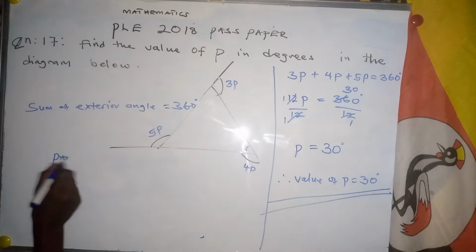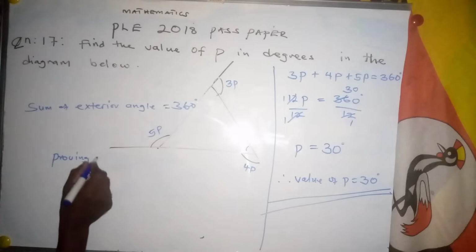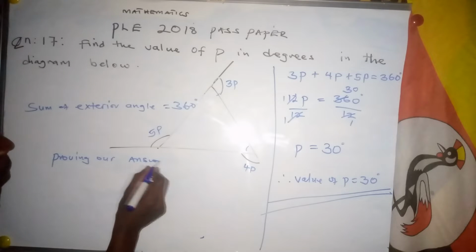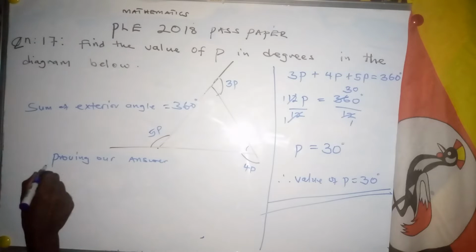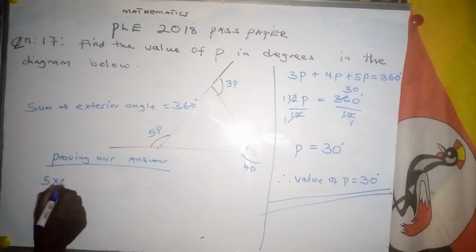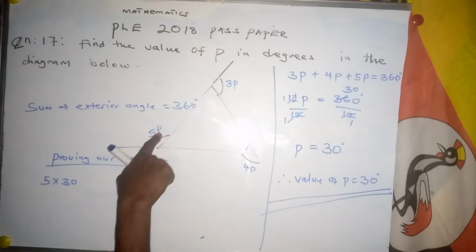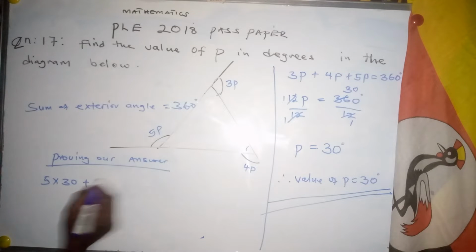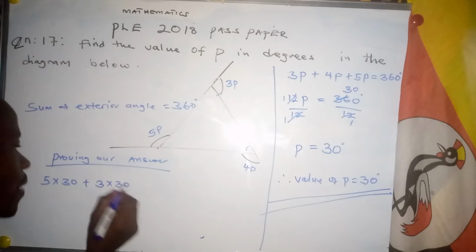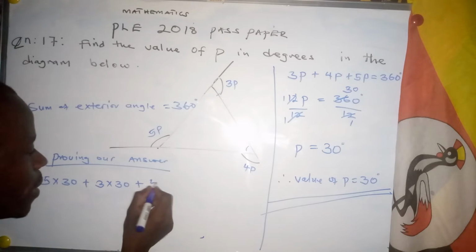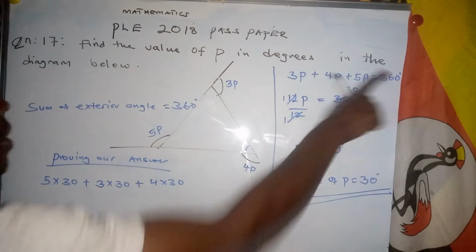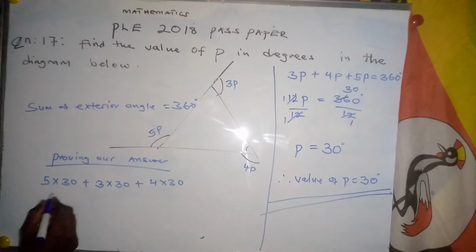Proving our answer: 5 times 30, remember 30 is the value of P, plus 3 times 30 plus 4 times 30. If you get 360, that is right.